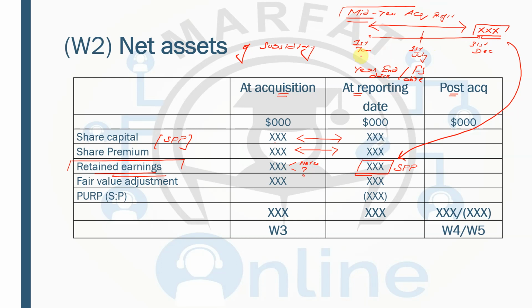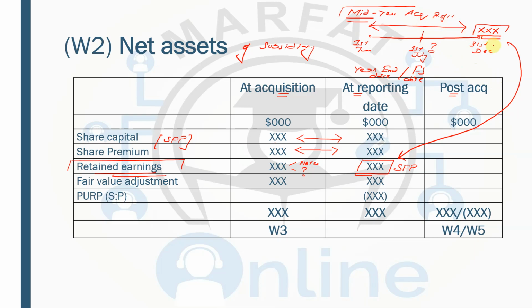The year starts at 1st January and ends at 31st December, and the subsidiary is acquired on 1st July. The retained earning at 31st December is given, but the retained earning at acquisition, which is at 1st July, is not given, and you have to calculate that figure.